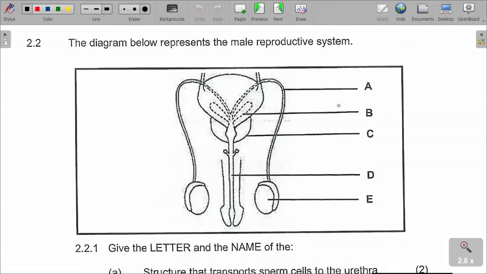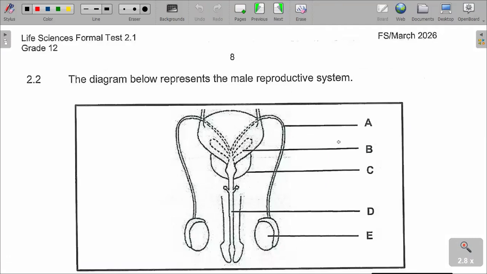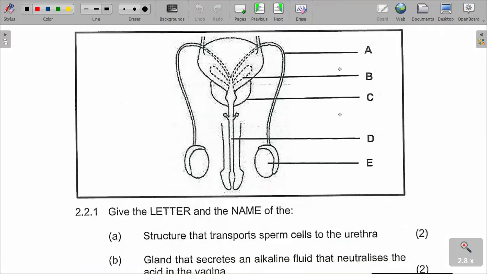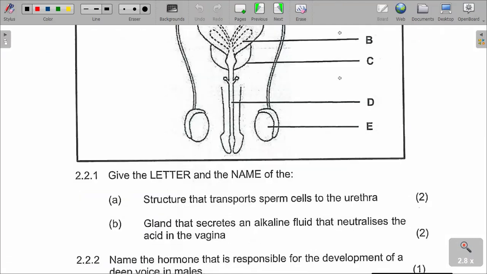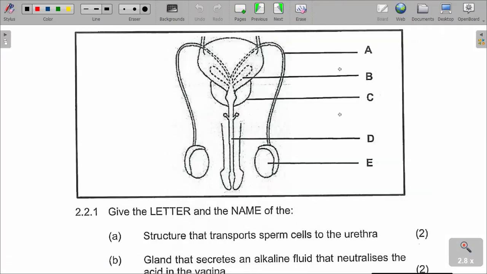And then we are given the next question. It's a diagram that represents the male reproductive system. Give the letter and name of the structure that transports sperm cells to the urethra. We need to start with the name first.